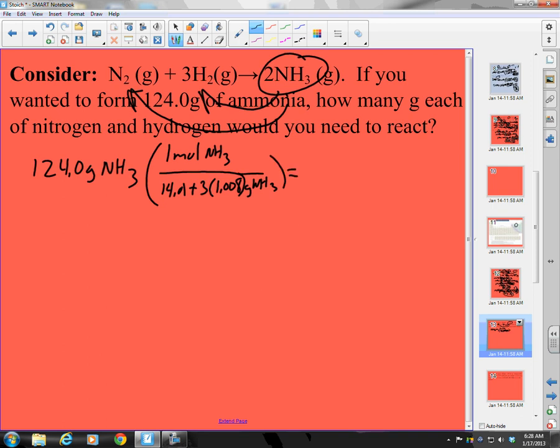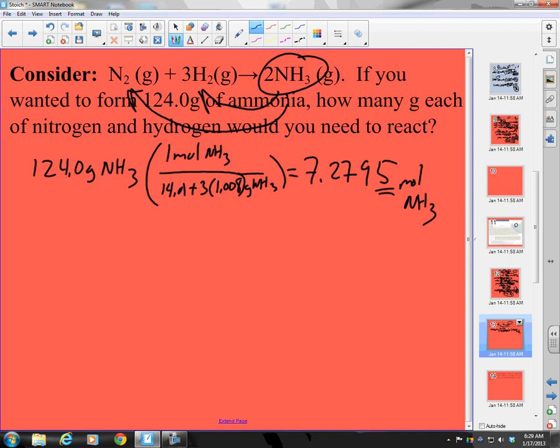So I have 3 times 1.008 plus 14.01, and that equals 17.034. Take the inverse of that times 124, and I get 7.279. How many sig figs? 4 sig figs, so I want to carry an extra. 7.2795 moles of ammonia. Cool.